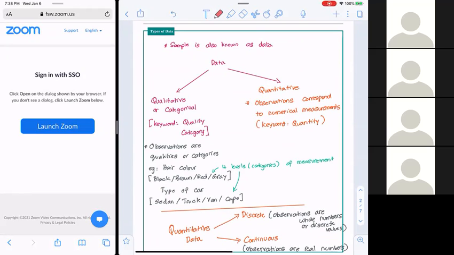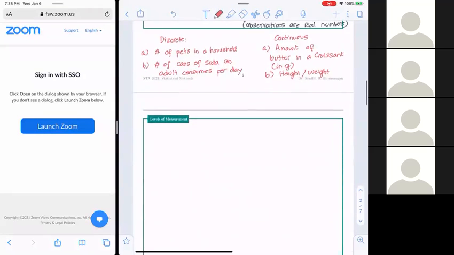Now, if we consider the type of car or hair color, both of those examples do not have a natural ordering.